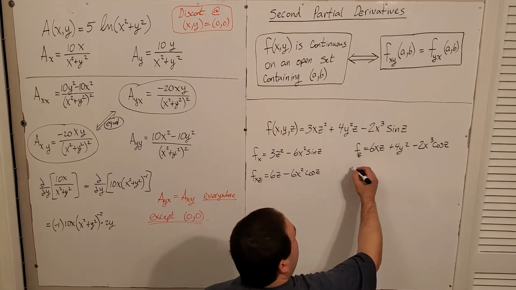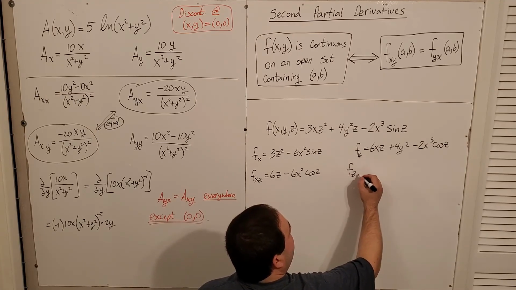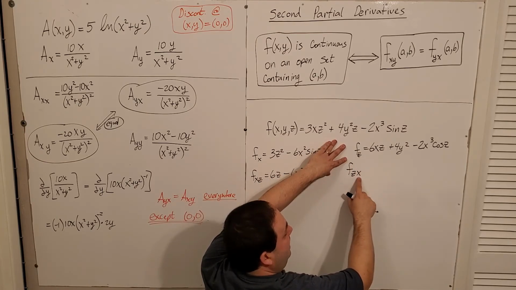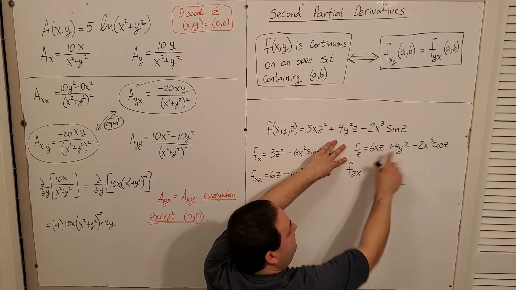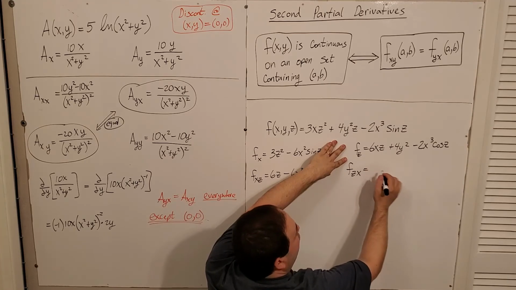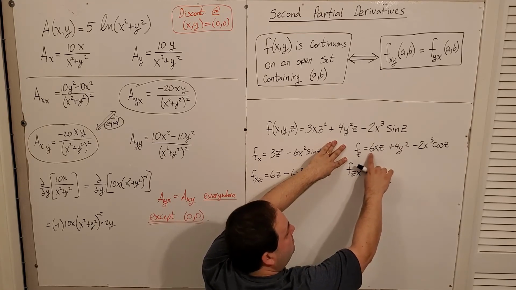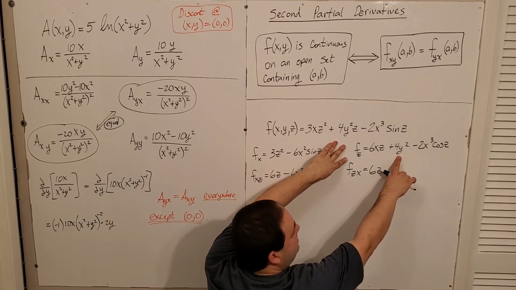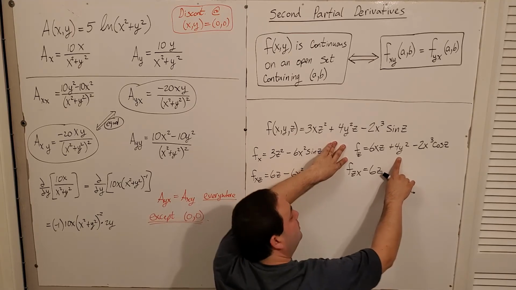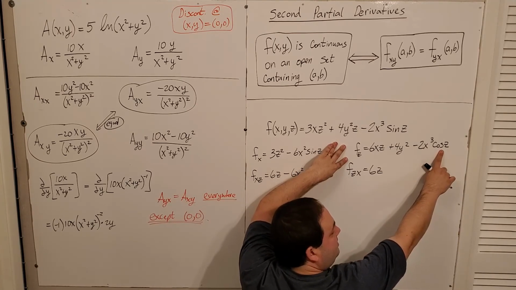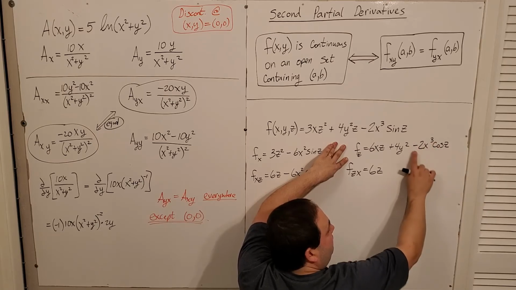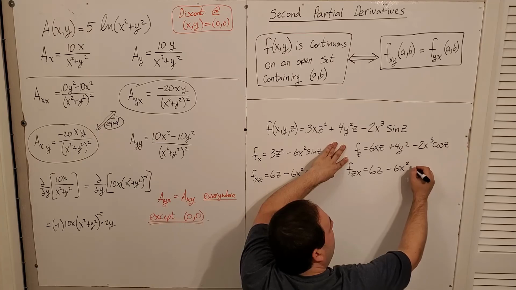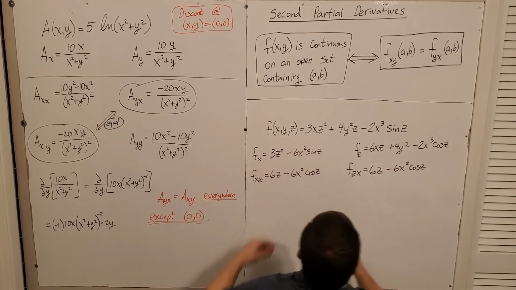Over here, derivative f_zx. That's the partial derivative with respect to x of the f sub z function here. So the derivative with respect to x is 1, so I'm left with 6z. No x's here, so it's 0. Here the cosine z is held constant, so the derivative of 2x cubed will give me minus 6x squared cosine z.